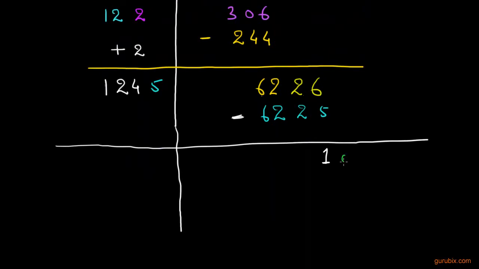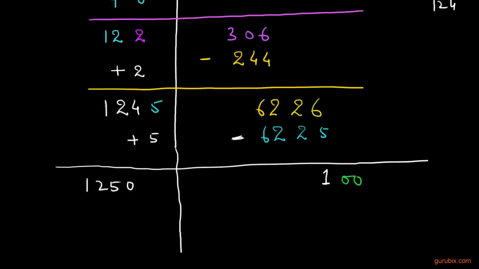Now we shall bring down the next period, and the next period is 00. And now we shall add this unit digit to this number, and if we add 5 to this number, we get 1250. And what we observe? We observe that we cannot divide this 100 by this 1250.